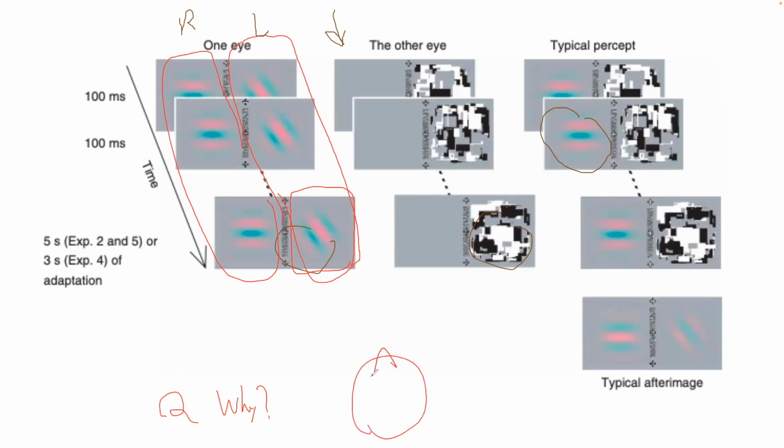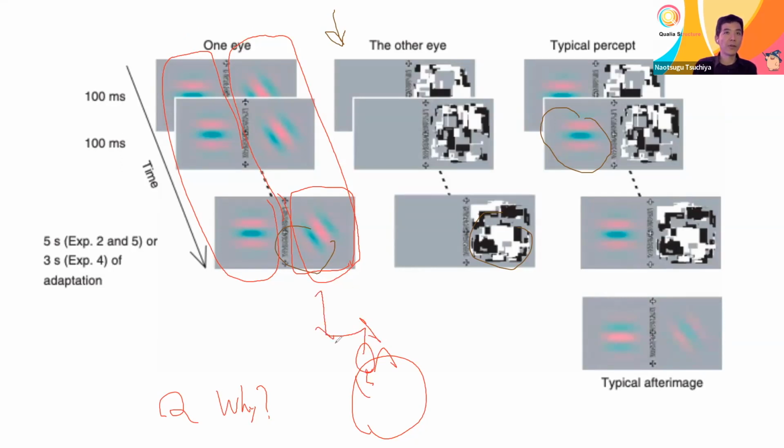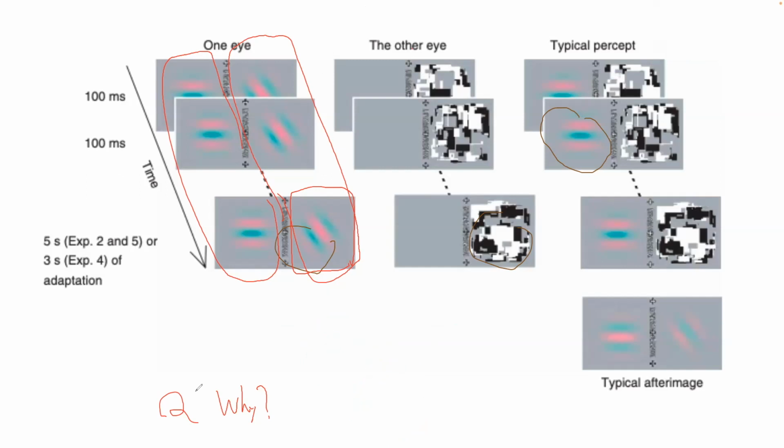Yeah. So just to remind you, the left eye viewed something like this through the mirror, and so what they were looking at is something like this. I should have prepared this type of visual. But in the other eye, this is just black and white stuff continuously. It's not like being swapped with this stuff.